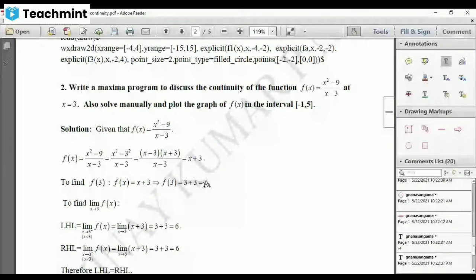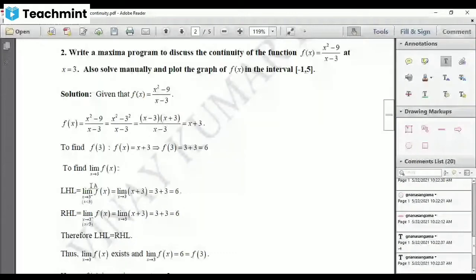Now let us find the limit, limit as x tends to 3 of f of x. First, let us find the LHL, that is the left-hand limit, limit as x tends to 3 minus of f of x. That means we have to give all the values for x less than 3, since all the values which we are giving here are less than 3.